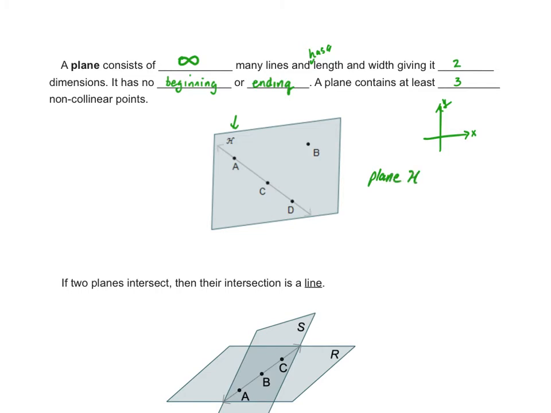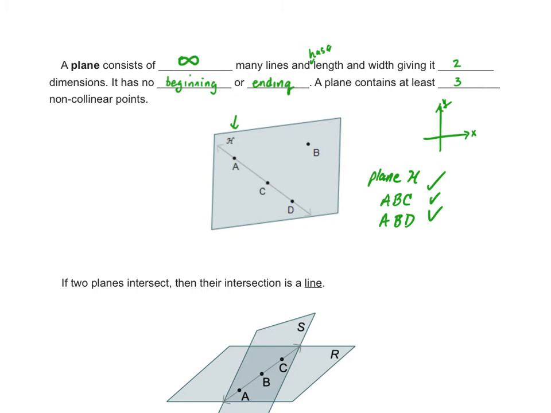We have plane H, or we could identify it with 3 italicized, non-collinear letters. So we could say ABC. We could say ABD. So these would be okay to call that plane.